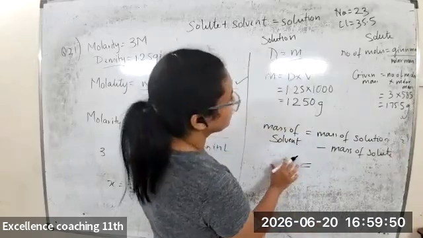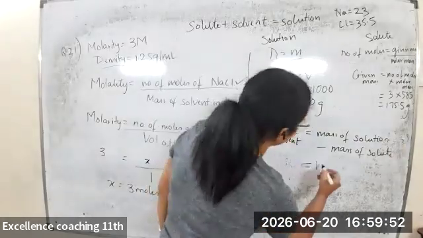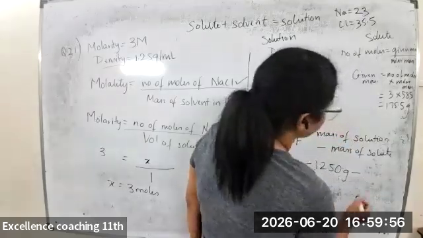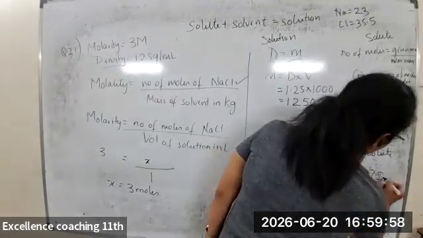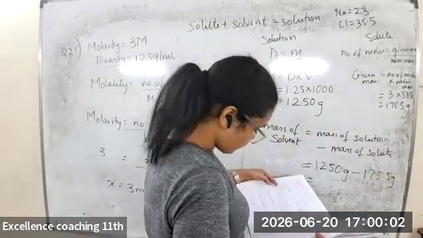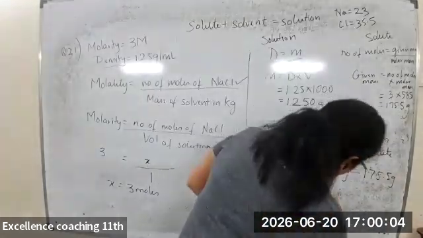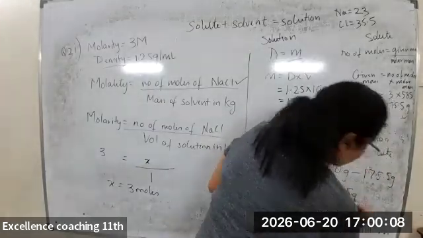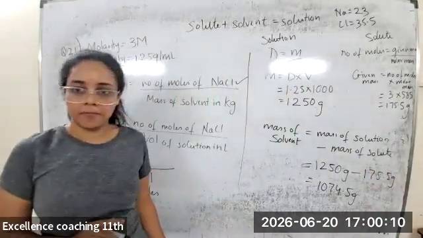What will be the mass of my solution? 1250 grams minus the mass of solute, which is 175.5 grams. So I will get the answer as 1074.5 grams. You are getting something like this.